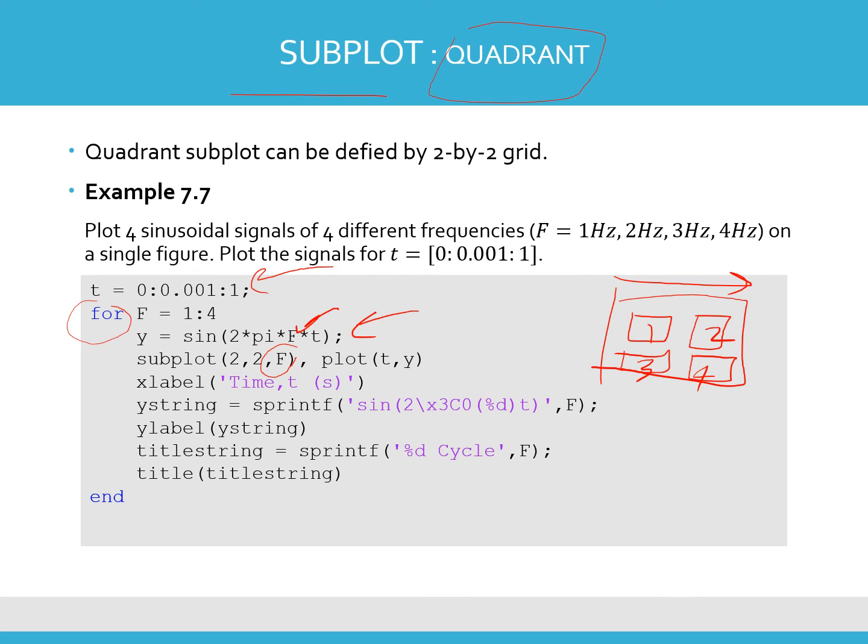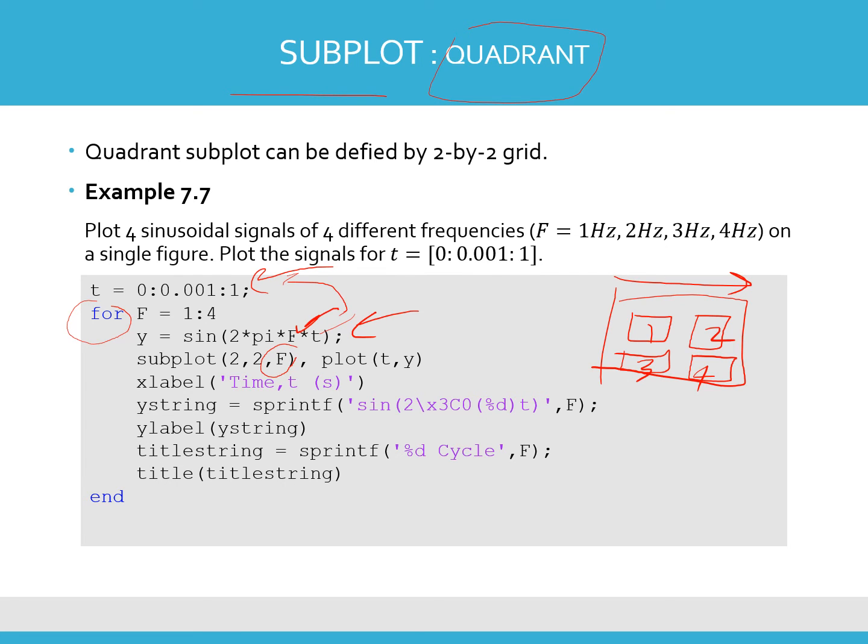Because of the 4, F is increasing. So basically the frequency, or the angular frequency, is increasing. The first one is just 1, then 2 pi, then 4 pi and 6 pi, something like that. The time is consistent.